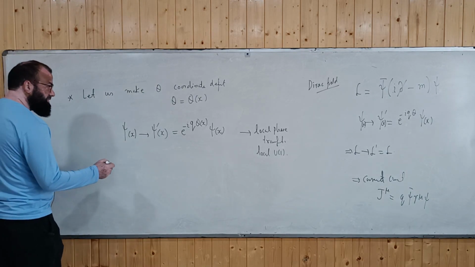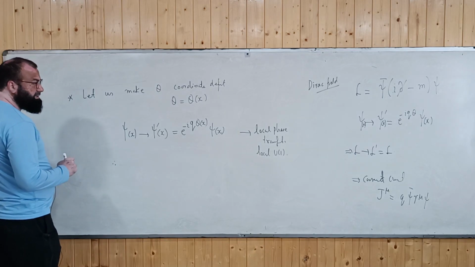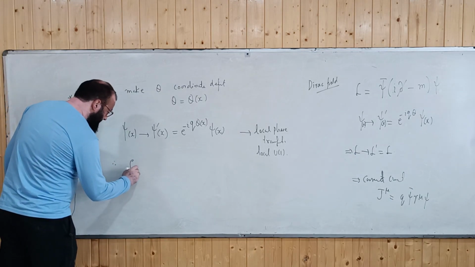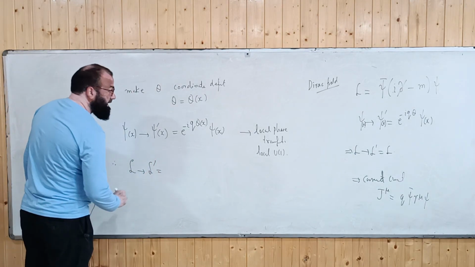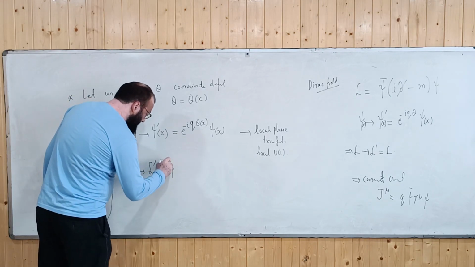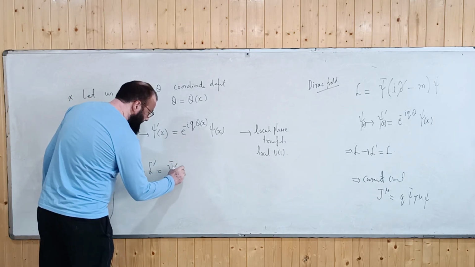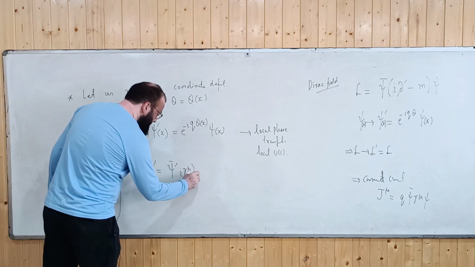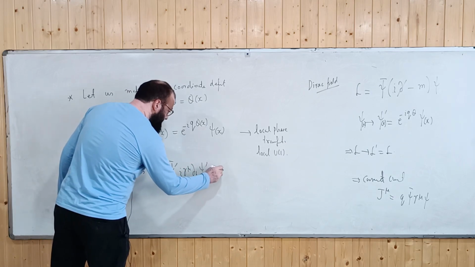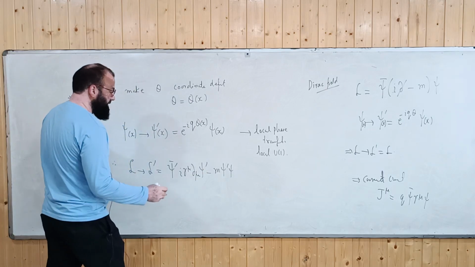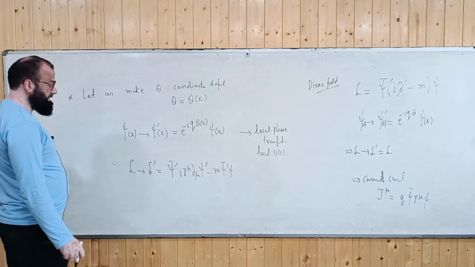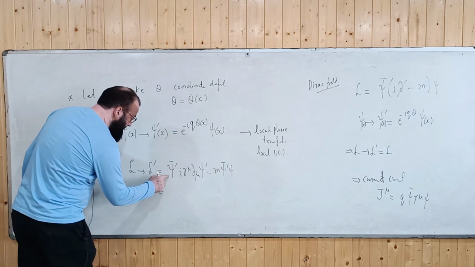Now let's check whether that Lagrangian is invariant under this transformation or not. So I will write this Lagrangian: my Lagrangian goes to L prime, with psi bar prime, so you have i gamma mu partial mu psi prime minus m psi bar prime psi prime. So this is our Lagrangian. Now what is this psi bar prime?